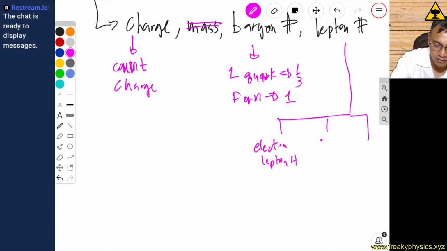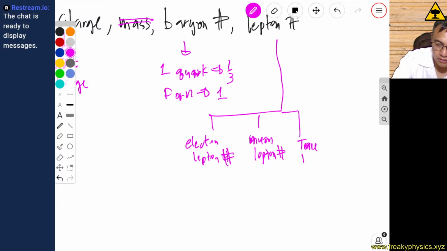Okay. We have the mu lepton number, and then we have the tau lepton number. So what's this?